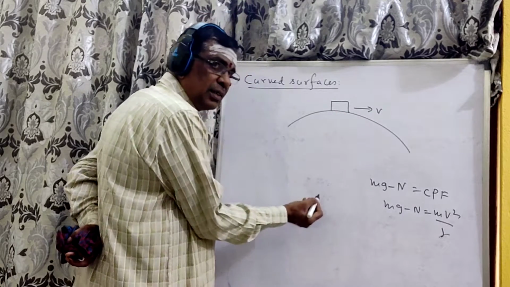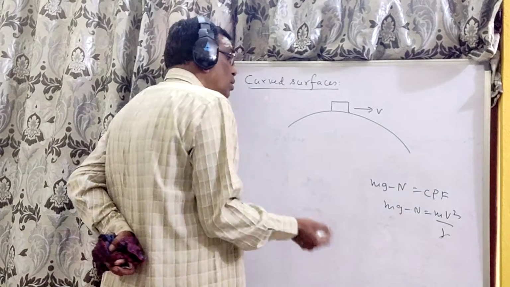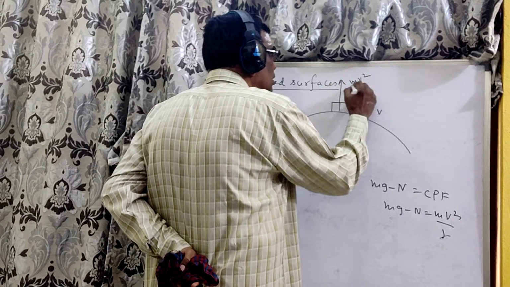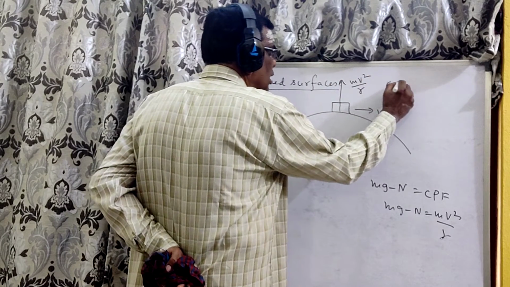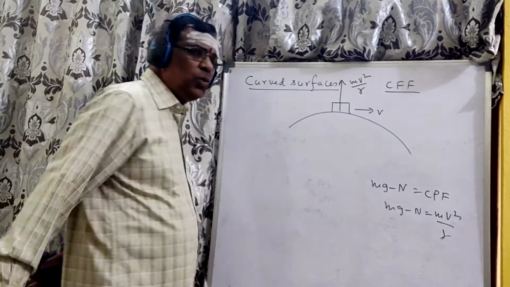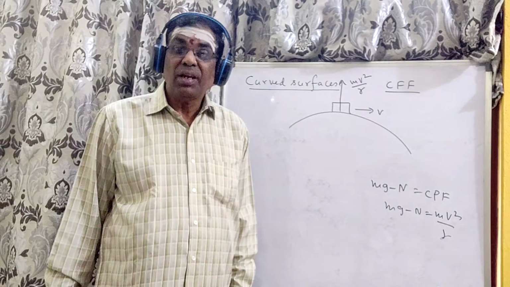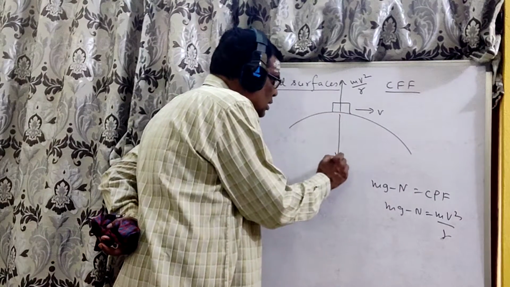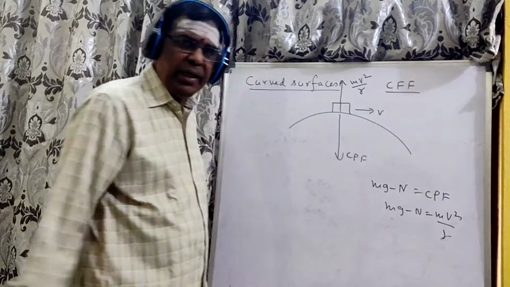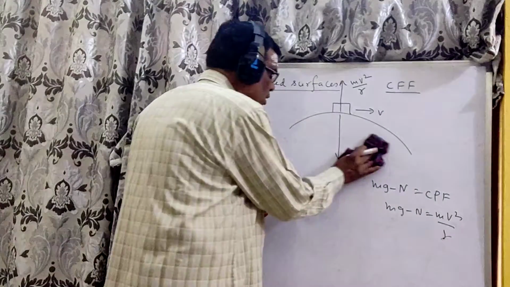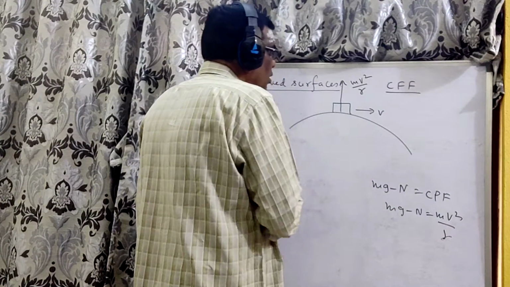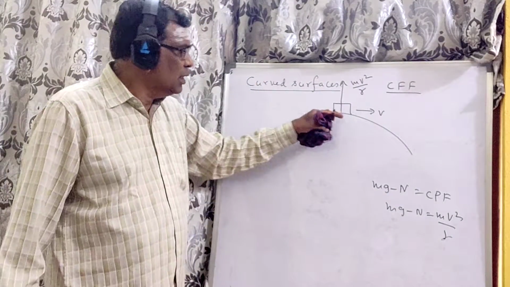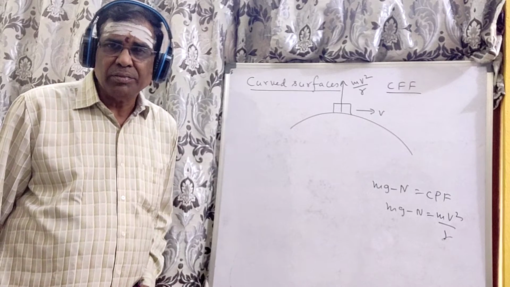Centripetal force will act like this. So, opposite to this is what we call as centrifugal force. Centrifugal force. And what is this? Centripetal force, which will act towards the center. What is mv square by r? Acting, presumed to act away from the body.